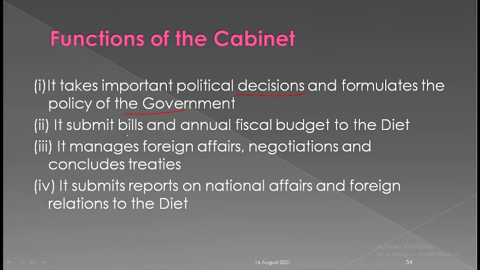Second, it submits bills and the annual fiscal budget to the Diet. Third, it manages foreign affairs, negotiations, and also concludes treaties with foreign countries. Fourth, the cabinet also submits reports on national affairs and foreign relations to the Diet.